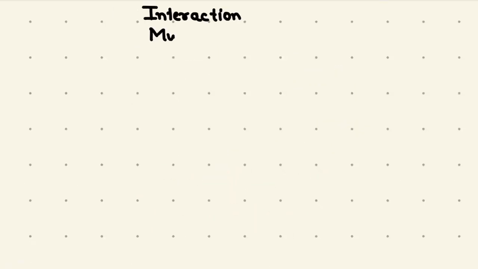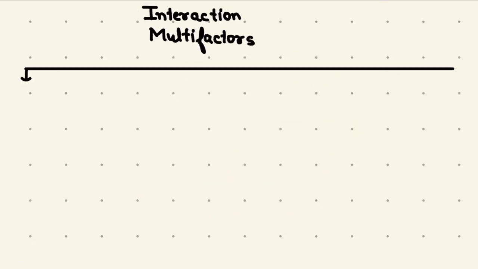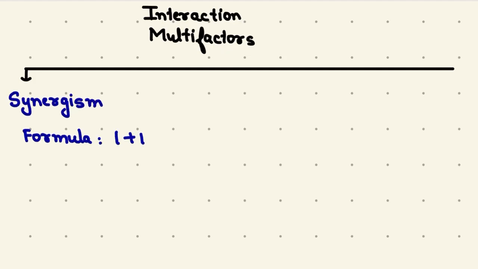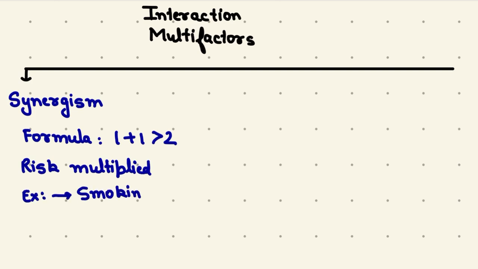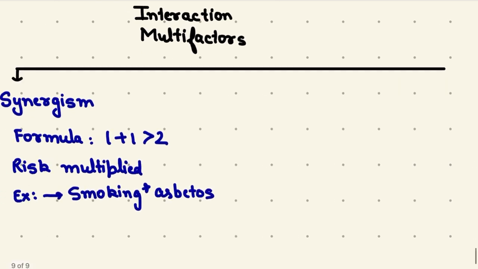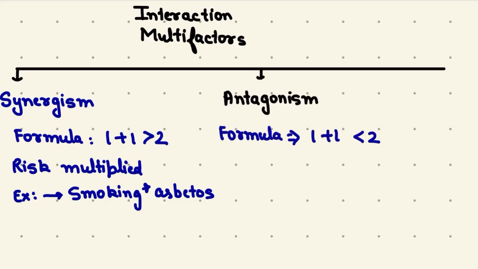Interaction in multifactorial factors can be of various types, like synergism, in which the formula 1 plus 1 is more than 2. यानी कि risk gets multiplied. For example, smoking and asbestos. Then we have antagonism, where the formula 1 plus 1 is less than 2. यानी कि risk gets reduced.